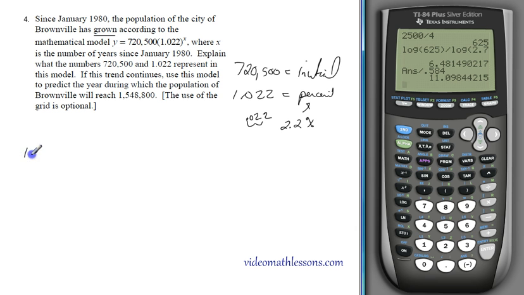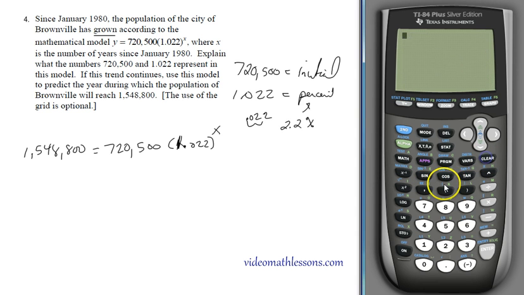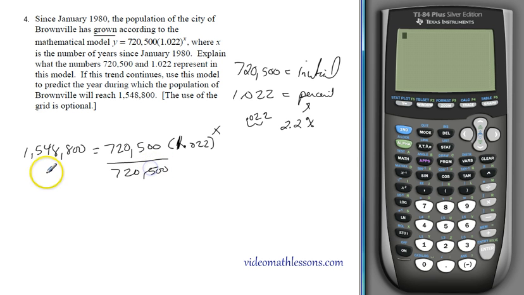All right, it's just like the other problems. So it's 1,548,800 equals 720,500 people, 1.022 to the x. These are big numbers. Doesn't matter. You have a big calculator over here. So first off, I got to get rid of the 720,500. Divide both sides because I want to knock this down, but I can't have something in the front.